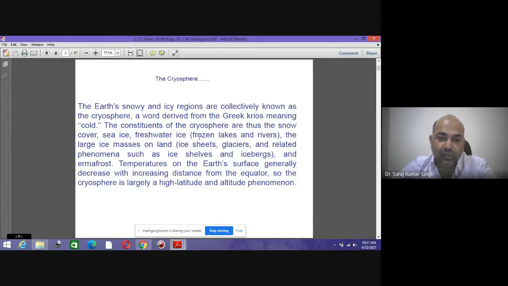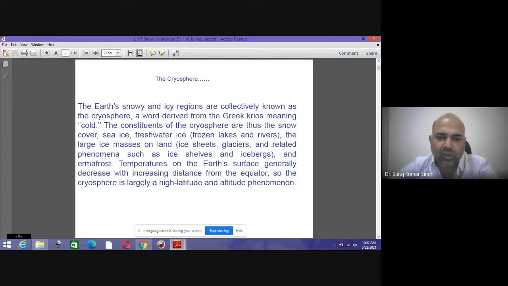So the Earth's snowy and icy regions, snow and ice, they're very common, are known as cryosphere. So whatever glaciers you're seeing will be classified under snow, will be classified under cryosphere. That is a broader term, also known as the collection of both snow and ice.